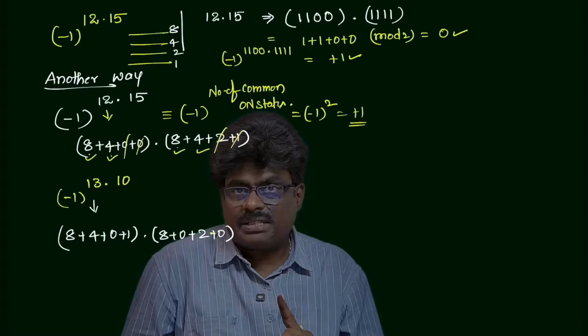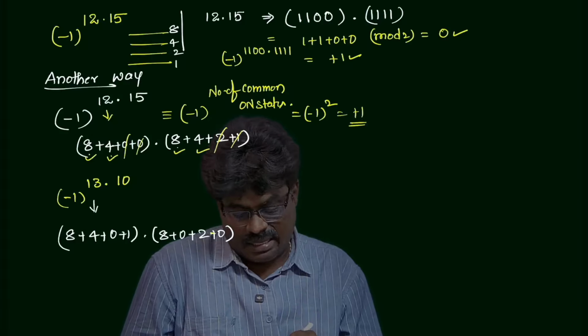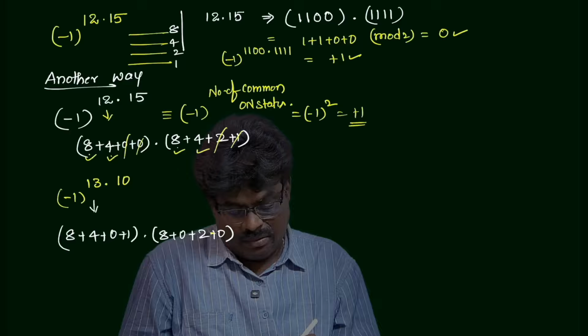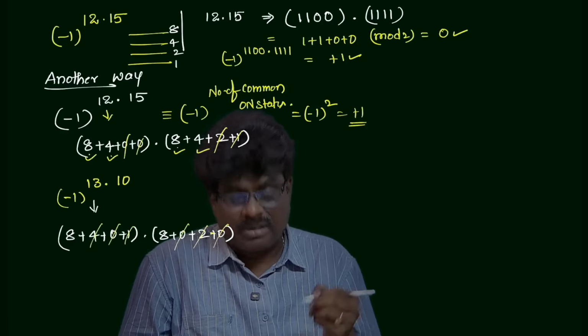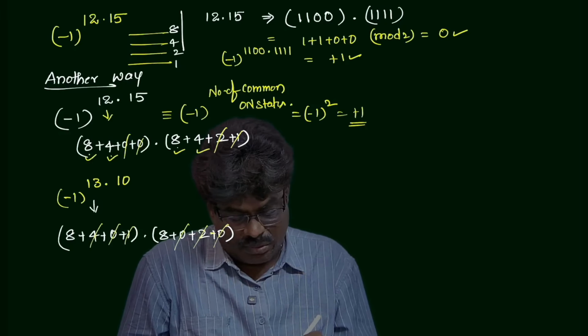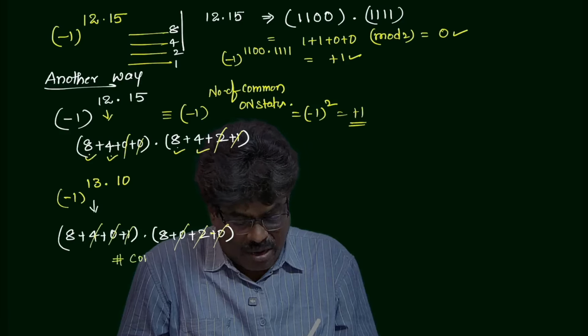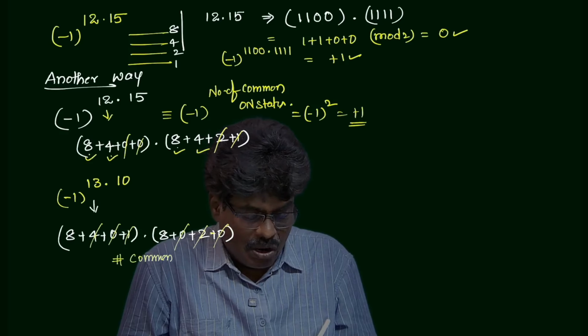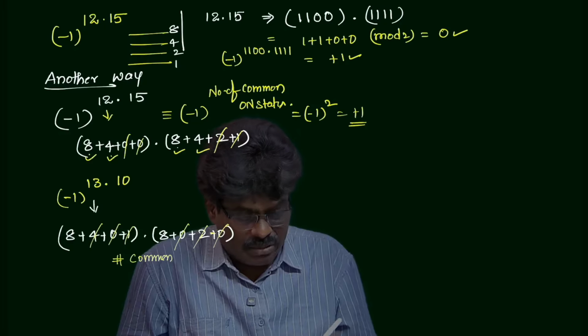Now let us just count how many commons are there. Okay, 8 common, 4 not common, 0 not common, 1 not common. So you have only one common. So the number of common on states, I repeat, on states.